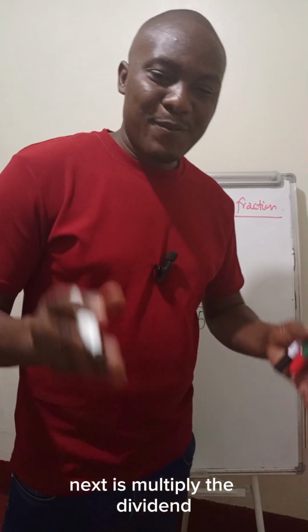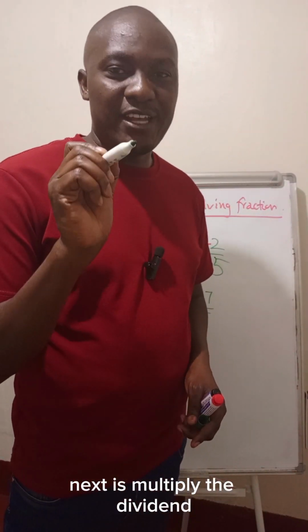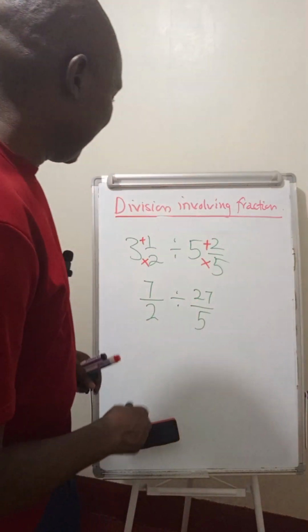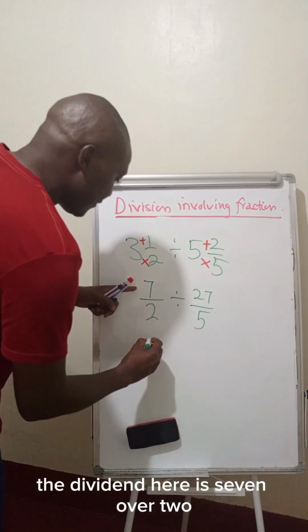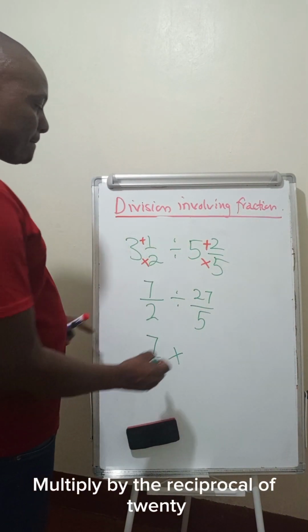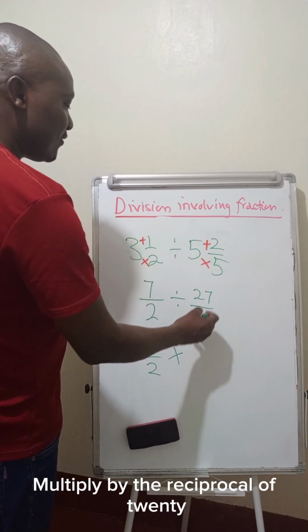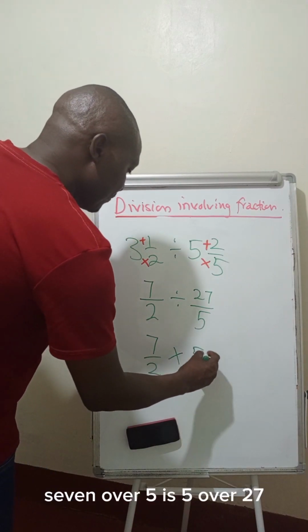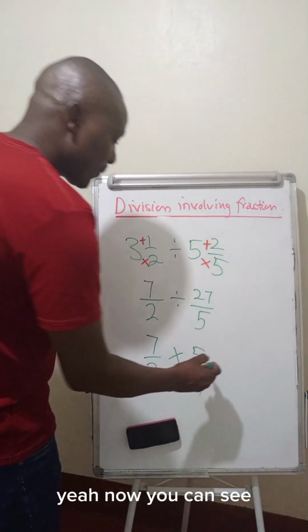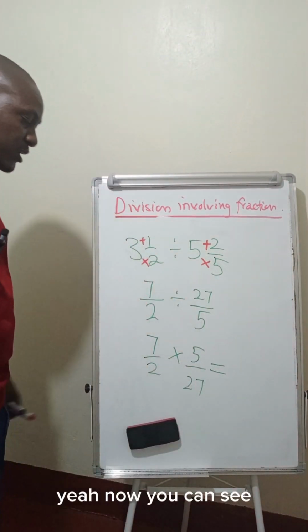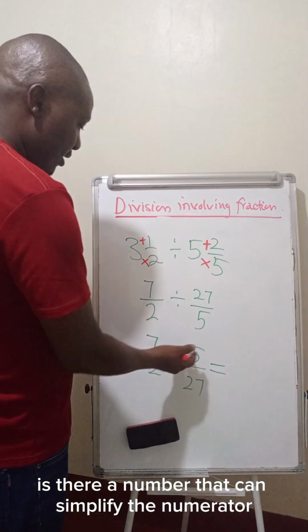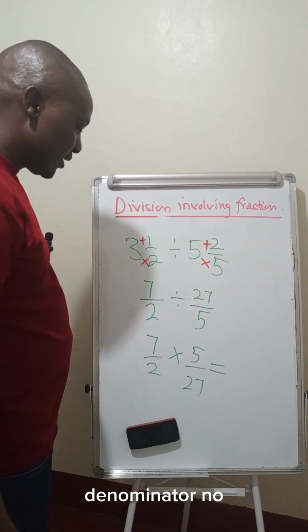Next is multiply the dividend by the reciprocal of the divisor. The dividend here is 7/2. Multiply by the reciprocal of 27/5, which is 5/27.